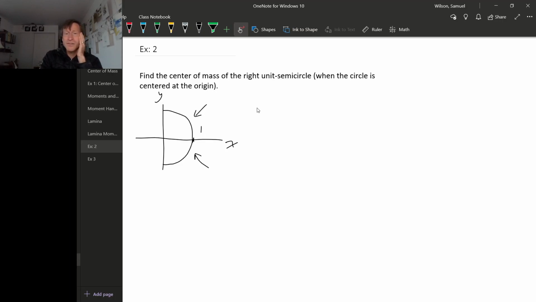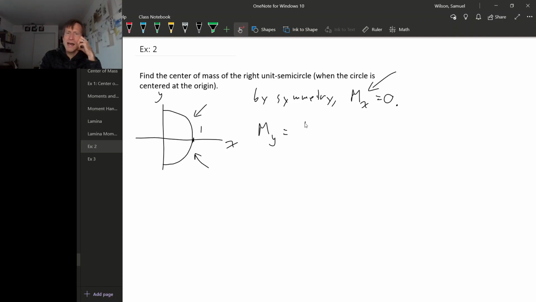So purely by symmetry, we know that the moment about the x-axis has to be 0. We don't need to calculate it. If we did, we would get 0, but fortunately we don't need to. Okay, so now let's find the moment about the y-axis.